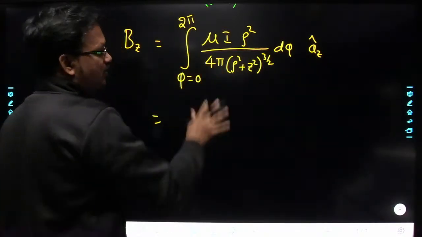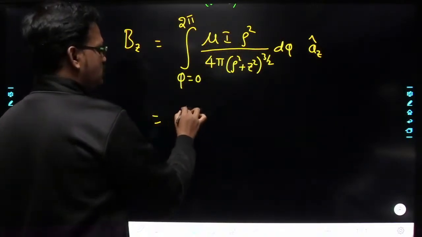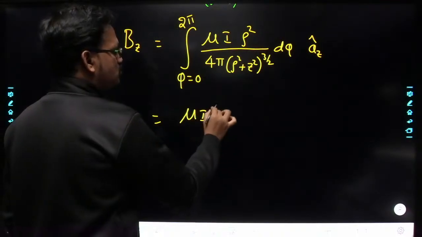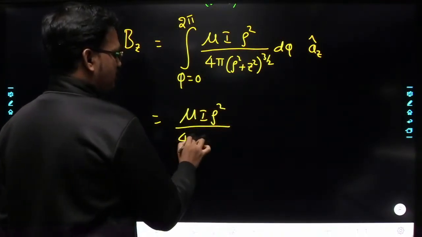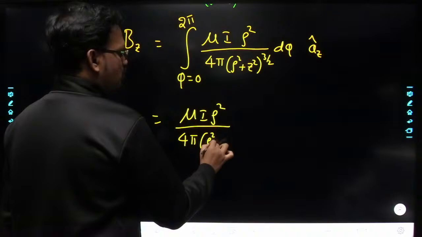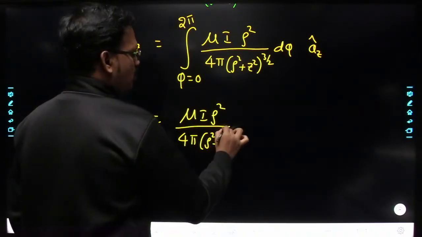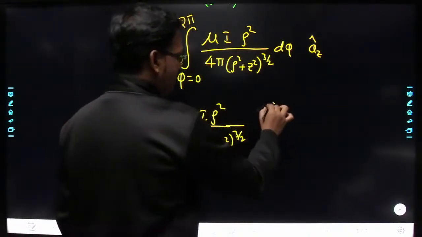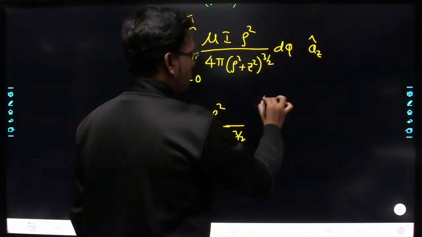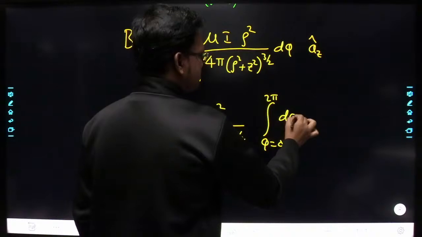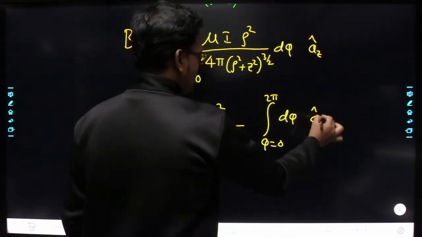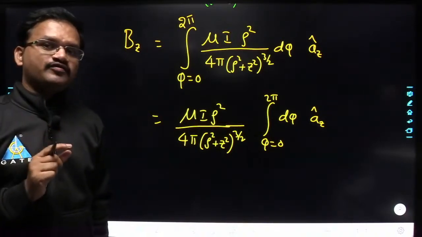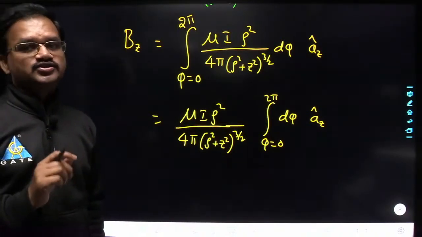So you are going to get mu I rho square divided by 4 pi into rho square plus Z square whole to the power of 3 by 2, integral phi equal to 0 to 2 pi d phi. See how simple integration is. Just you have to know how to write the expression for the small differential B field due to a small differential current element.